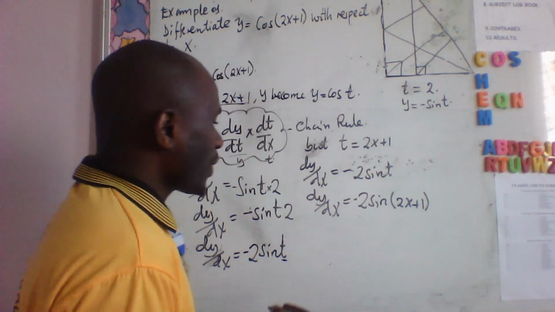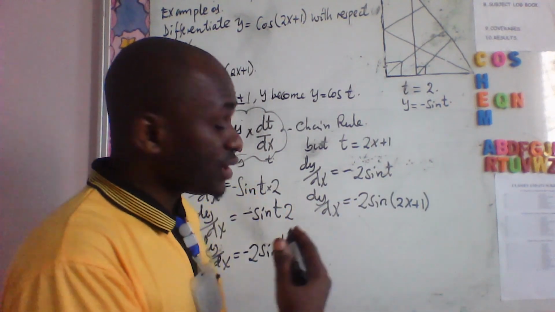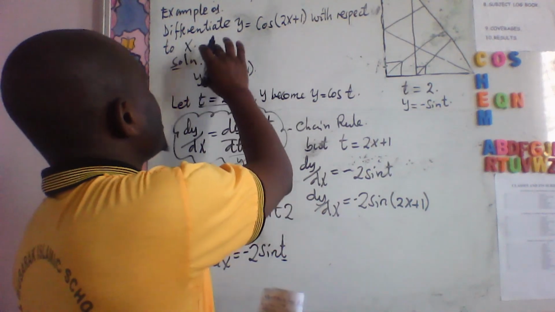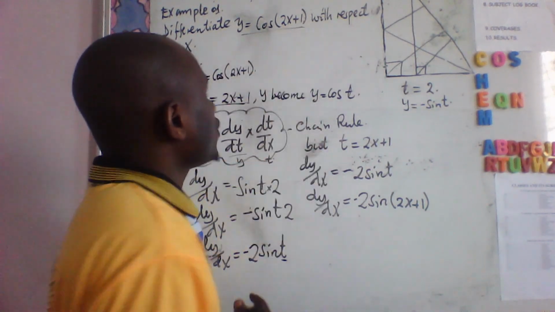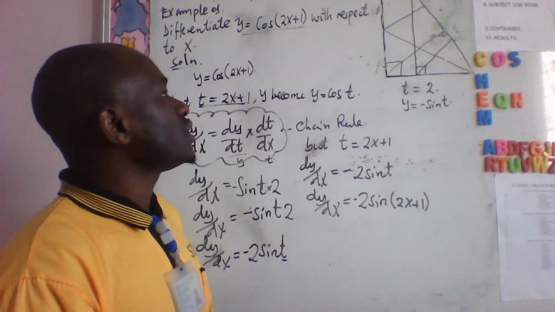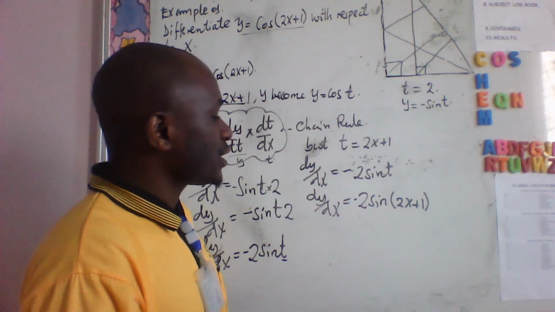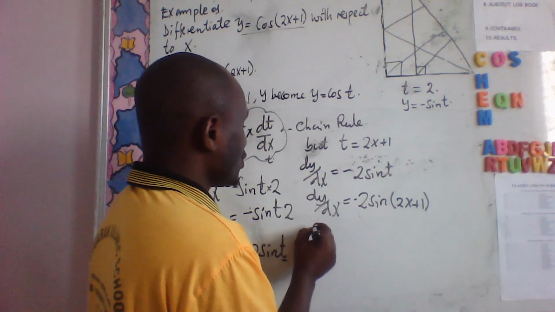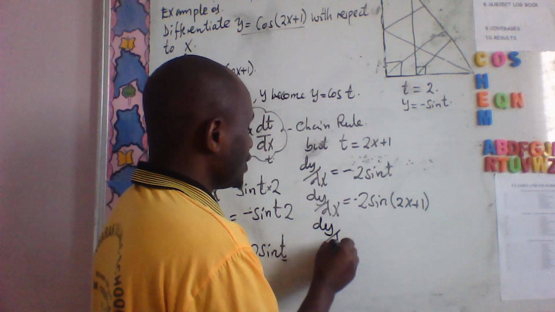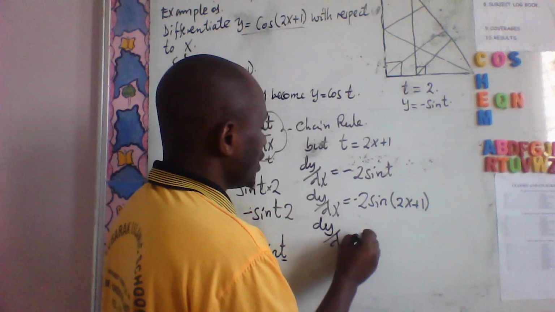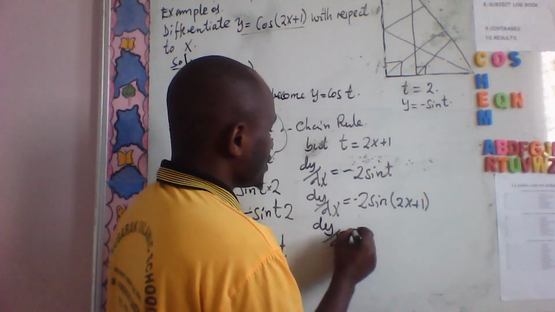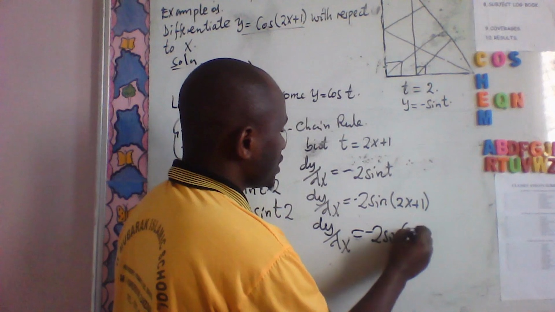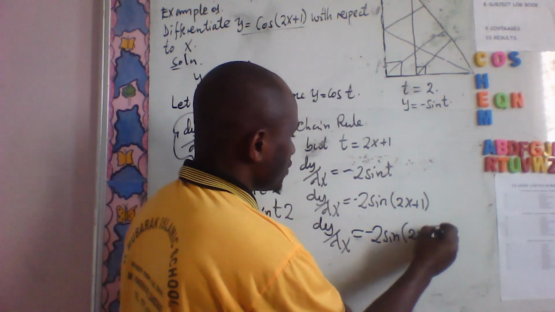So the derivative by chain rule of y is equal to cos of 2x plus 1 with respect to x is dy over dx equal to negative 2 sine of 2x plus 1.